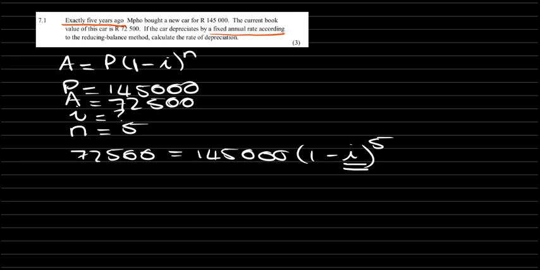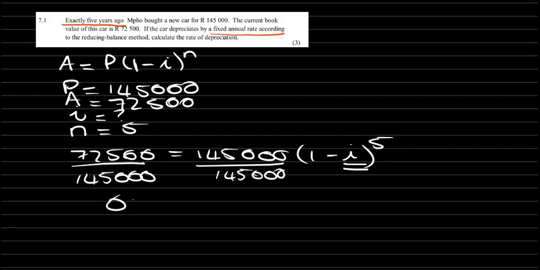Okay, so we want to get to this i, and it's buried in a whole lot of operations. So firstly, what we want to do is divide both sides by 145,000. And that leaves us with, when we put this in our calculator, 72,500 divided by 145,000, we get 0.5.